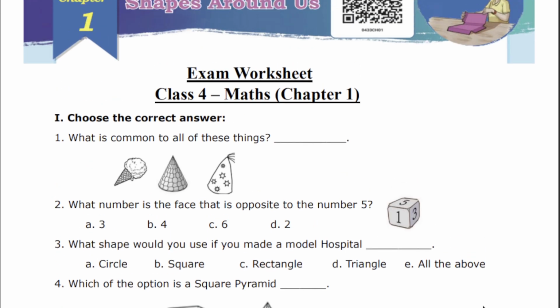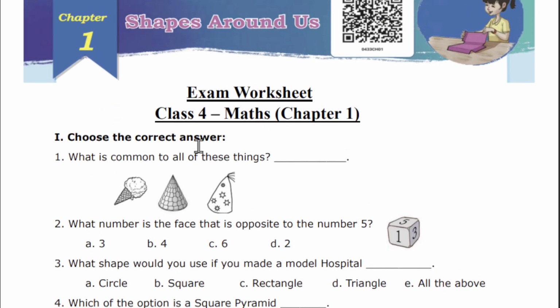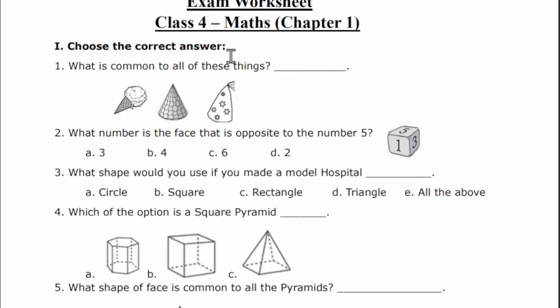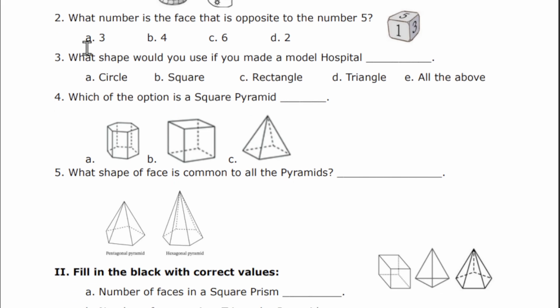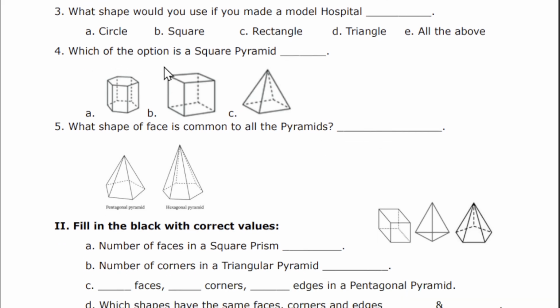So in this worksheet, if you see, I have given choose the correct answer: what are the common faces, what is the number opposite to the number, what shape do you use to make a model hospital, which of the options is a square pyramid. So this one is the square pyramid, and this one is the cube.